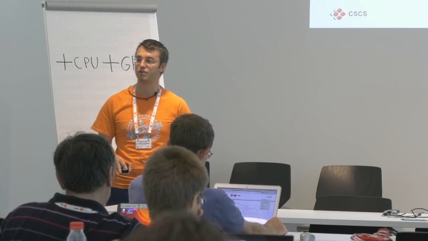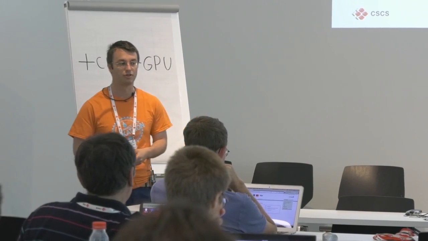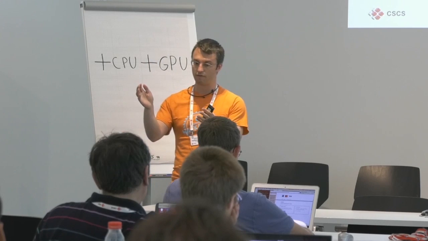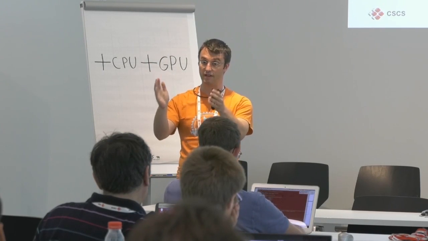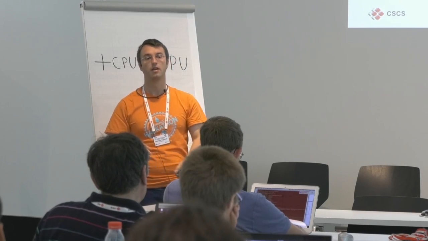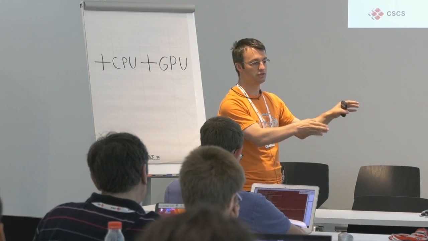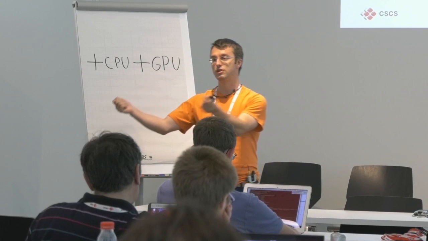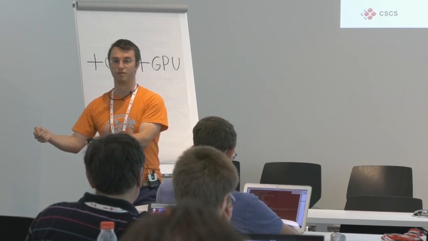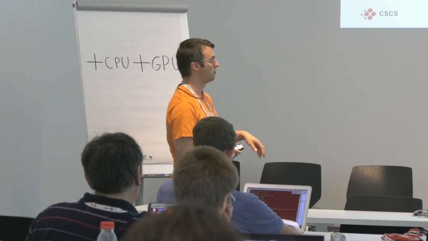If you see what's going on in the CPU, you have hundreds of threads, but we have only a bunch of processors. So what happens is the operating system evicts the registers of the current process that is running, stores them somewhere in memory, brings in the registers of the next process and goes on. So this is called a context switch.